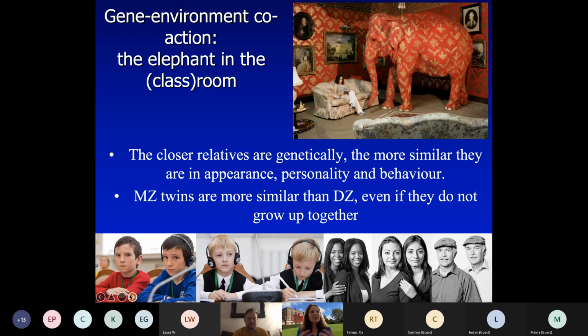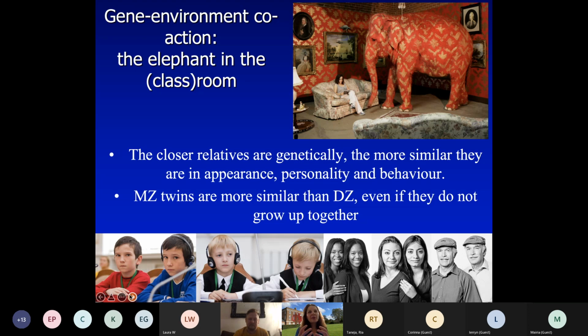This is a very dismissive position, and it is not at all supported by modern science. Today, it's absolutely clear that any human characteristic or trait develops under the influence of both genes and environment that are interplaying or co-acting in complex ways.